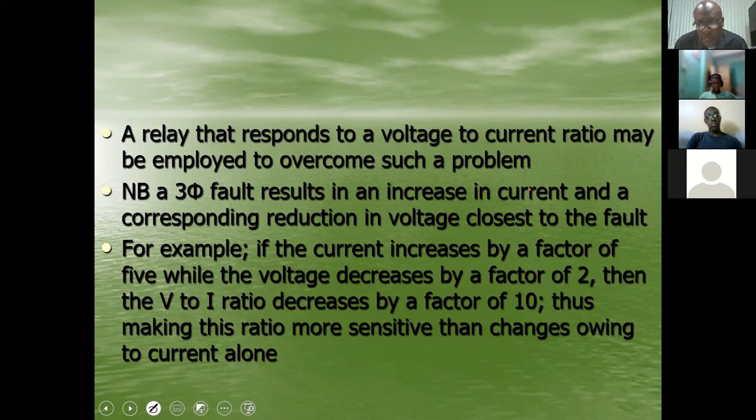All right? So the impedance is plummeting by a factor of 10. And we know that 10 times the system current is very conservative in terms of current under fault.